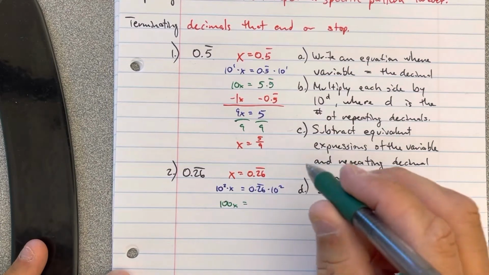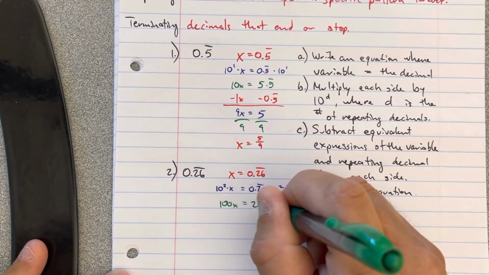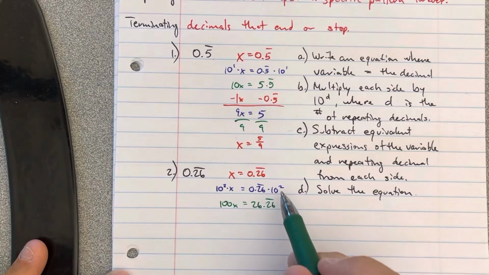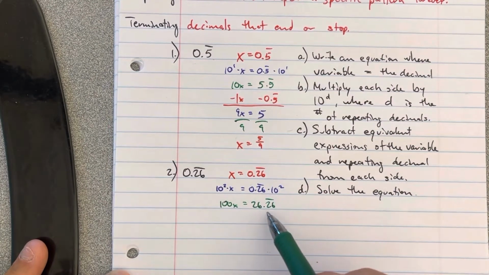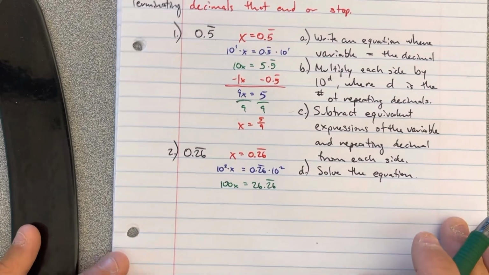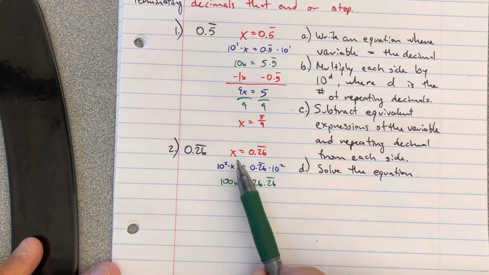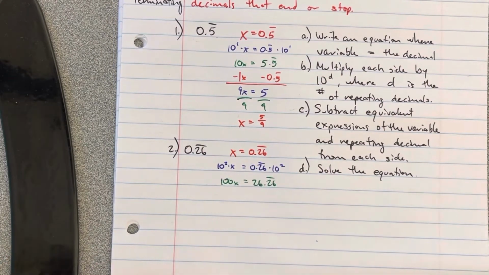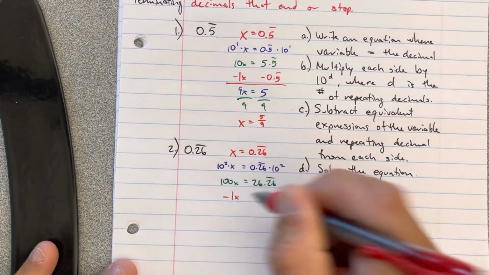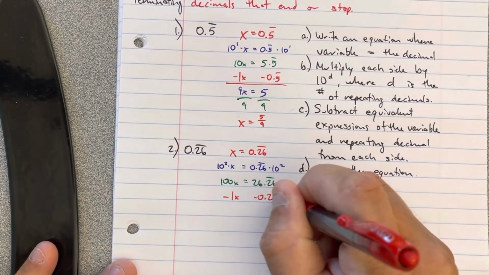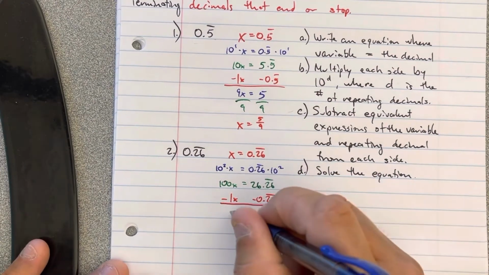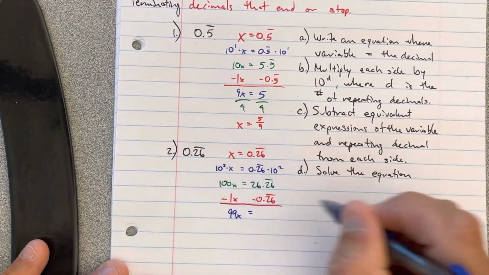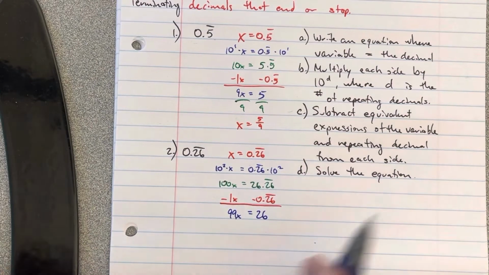We subtract x and 0.26 repeating from both sides, and that gives us 99x equals 26.